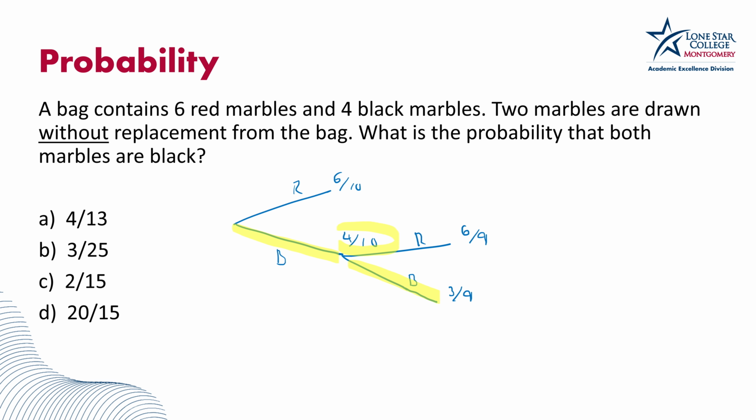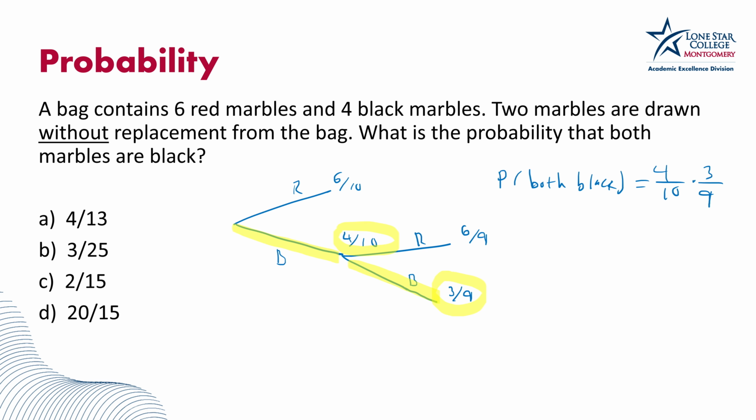But this time our fractions are different. They're not both 4 out of 10. The probability of drawing both black would be the first draw, which is 4 out of 10, times the second draw, which is 3 out of 9 this time.